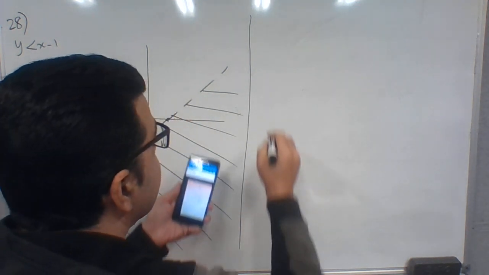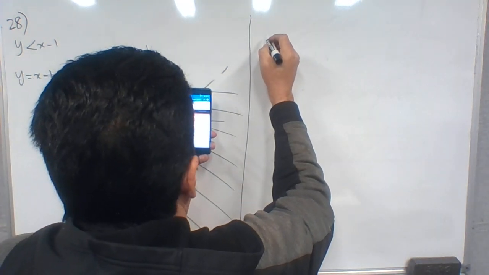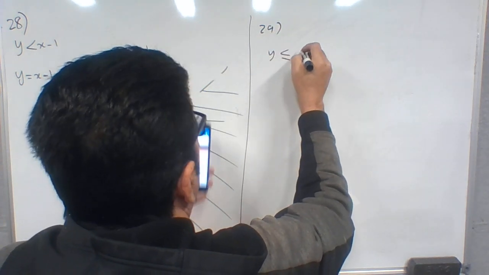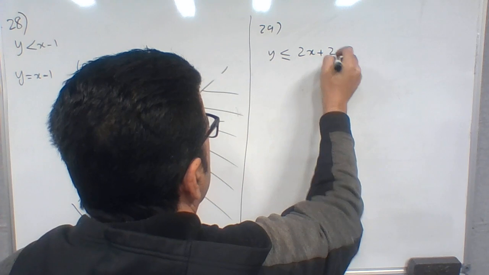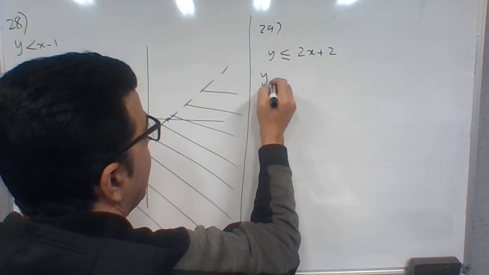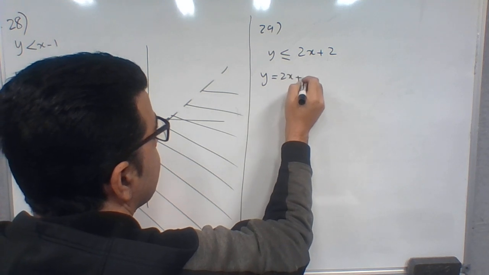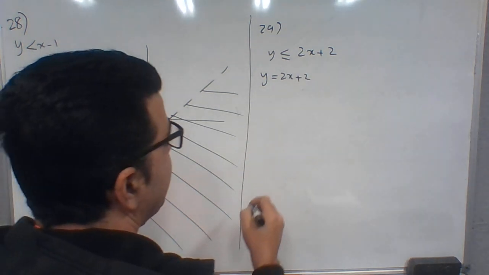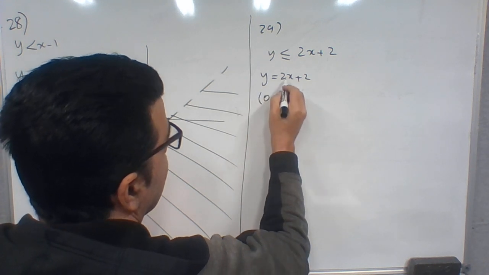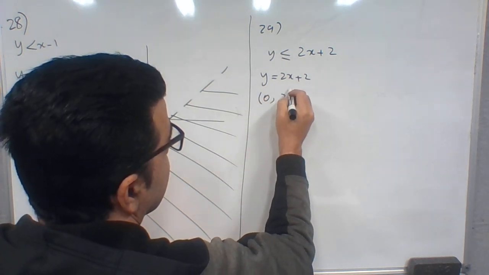Okay, another graphing problem. 29: y less than or equal to x plus 2. Again, assume that this is a line, y equals x plus 2, and then find the y-intercept and x-intercept. If x is 0, y is easily 2.